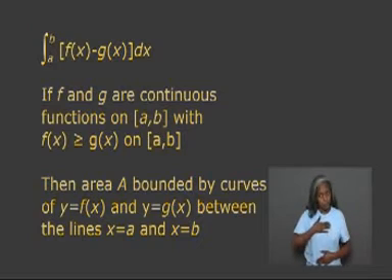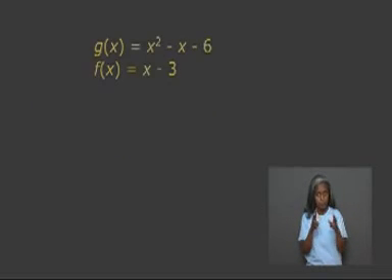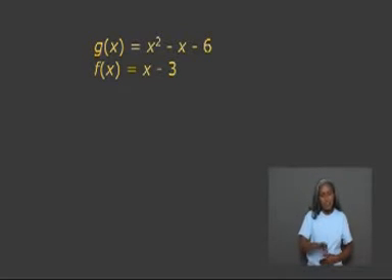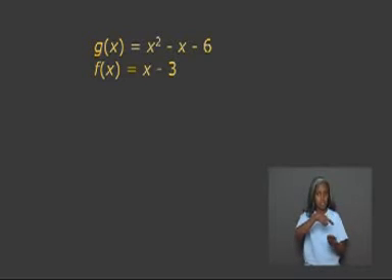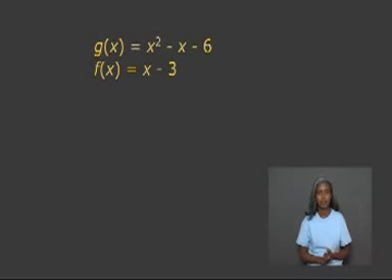Please make a note of it. Let us apply this principle for ourselves by finding the area of this region. It is enclosed by two curves that are described by these polynomials.